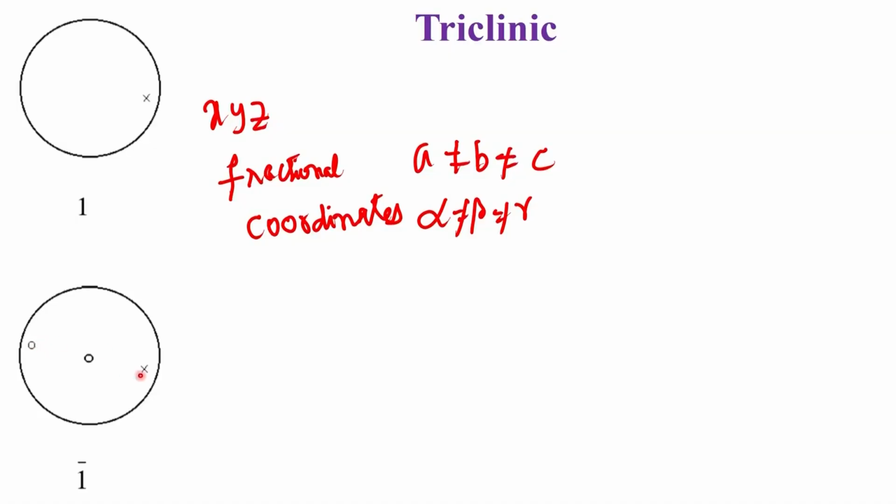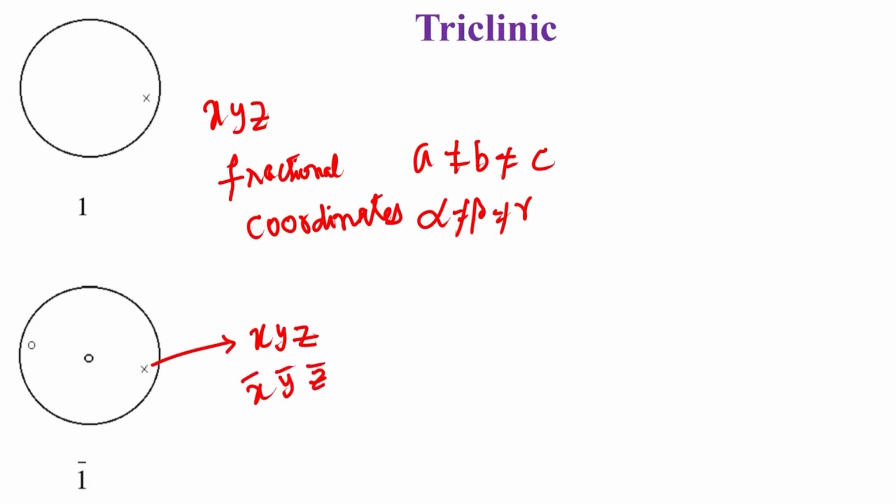Now, the way in which we generate the equivalent points in that situation is that if you call this point x, y, z, then the corresponding point, which is an open circle, will be minus x, minus y and minus z, which we pronounce as x bar, y bar, z bar.